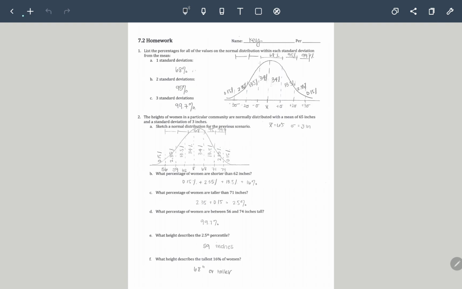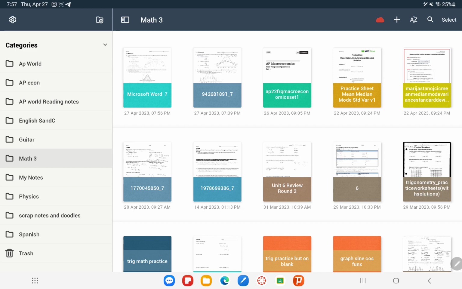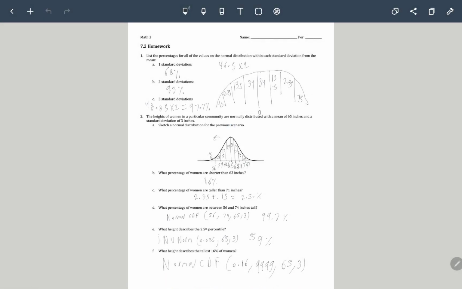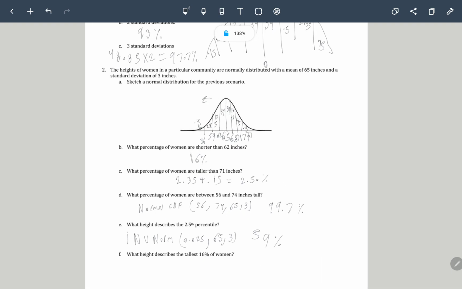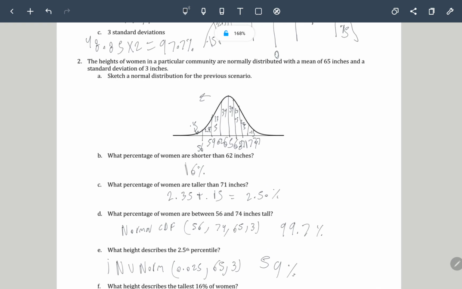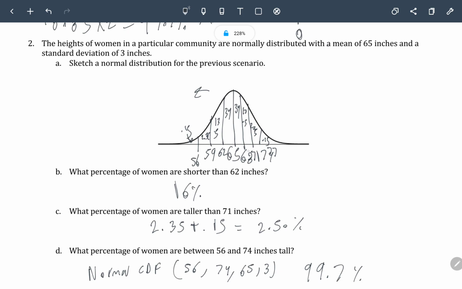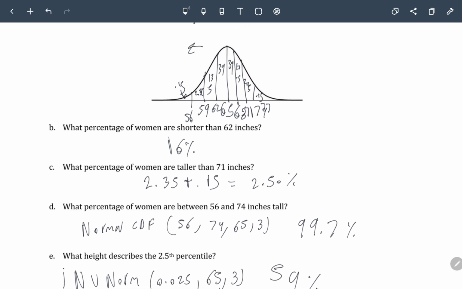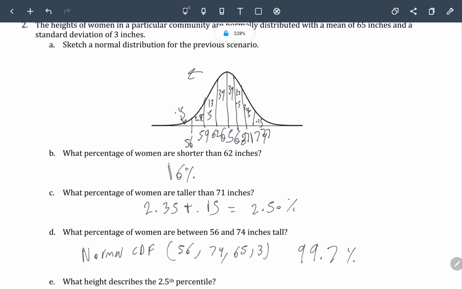Honestly, this one I kind of messed up. I'm looking at the key right now, and going back on this, this is not correct, because this is a completely excessive way of doing this. Essentially, it says what height describes the top 16, right? The tallest 16. So if we see here, we have 16%, so the top is 16%. We have 13.5 plus 2.35 plus 0.15, right? That's the top 16%, and where it starts is 68.